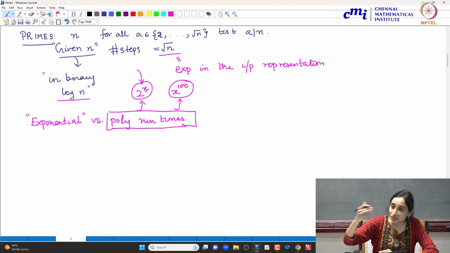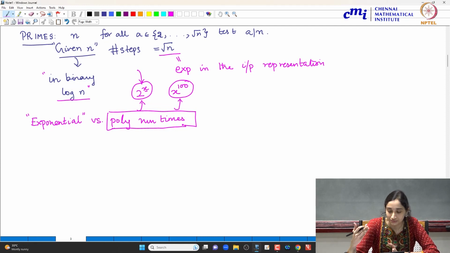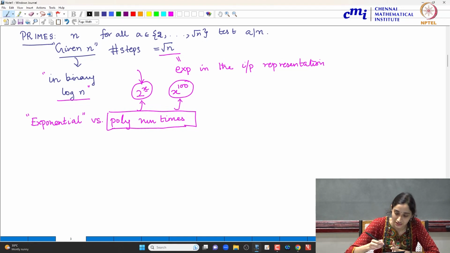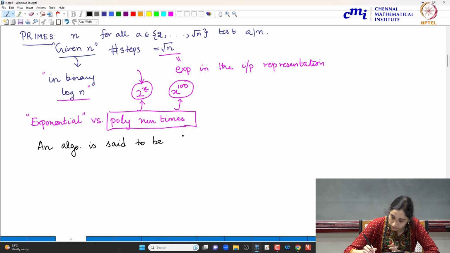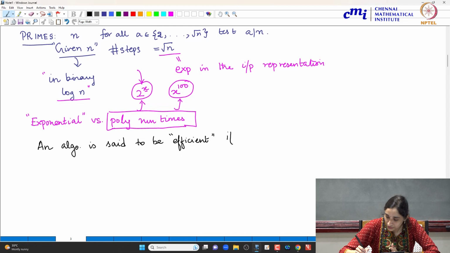Okay. So if several of you come up with several algorithms for testing whether a number is prime or not, the one that I would pick would be one that runs in time polynomial in the input size. Okay. So let's write that down. An algorithm is said to be efficient if it runs in time polynomial in the input.